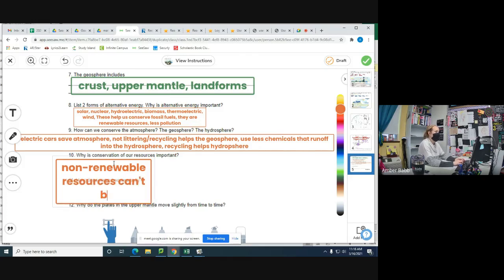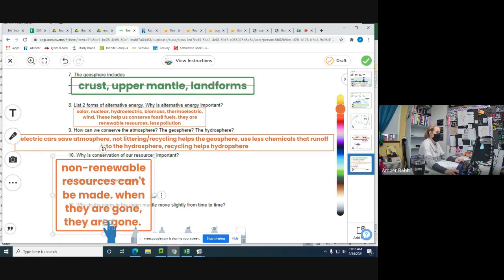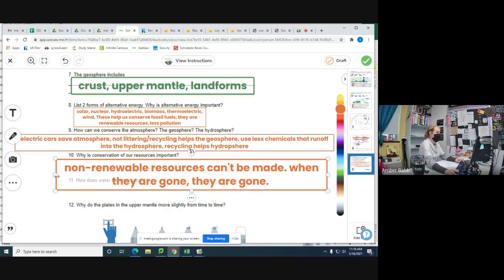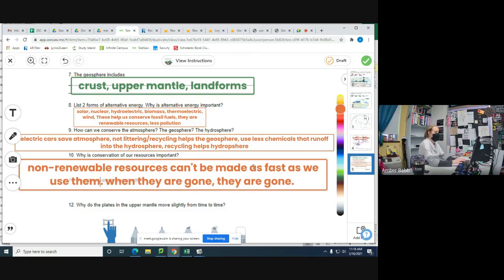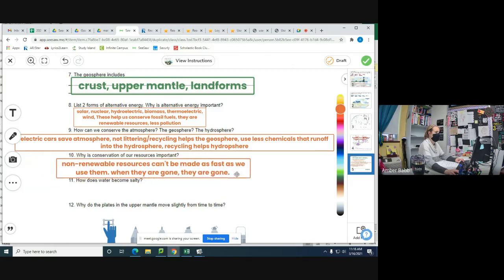They can't be made as fast as we use them. When they are gone, they are gone. That's as simple as it gets.